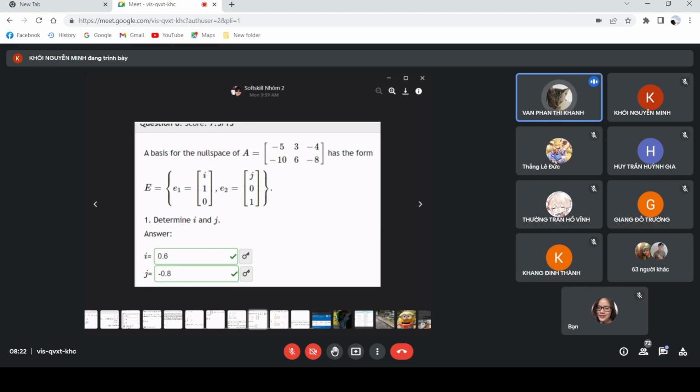If you want to find the basis, you have to show the system, right? But in this case, no. Can you tell me what is the rank of the coefficient matrix here? Anyone can tell me?